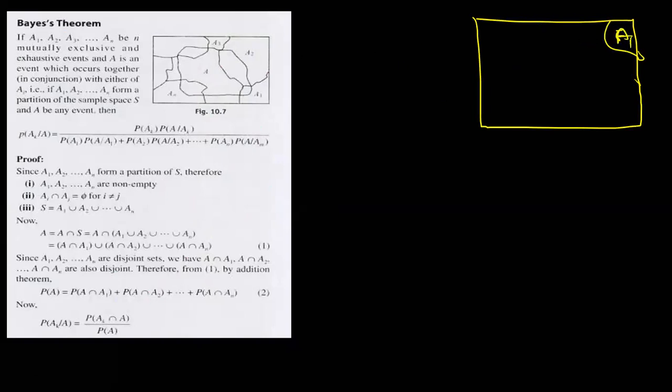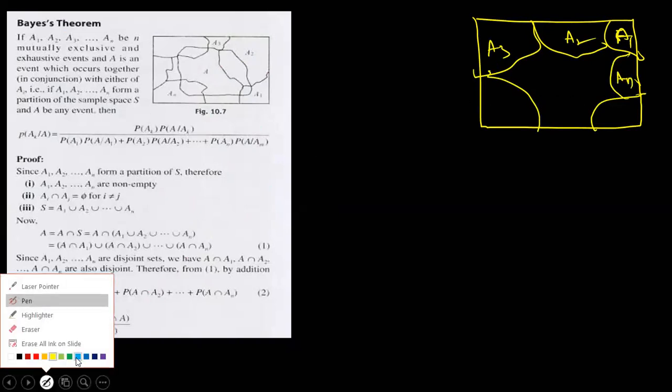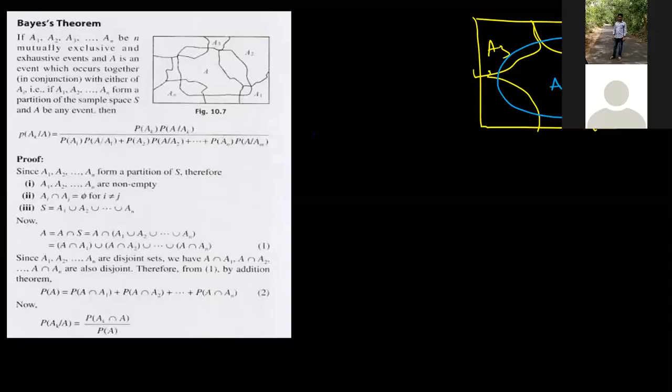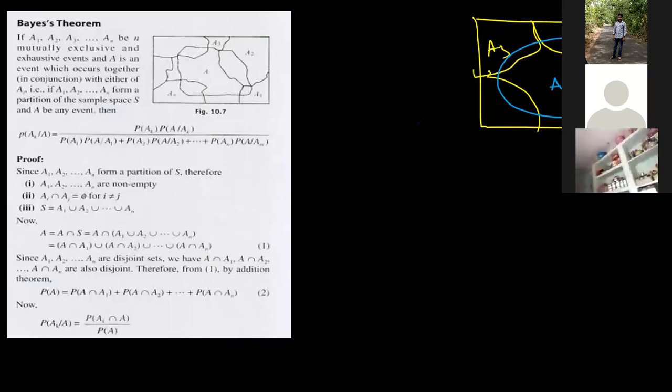I can take A1, A2, A3, divided into some partitions like that. How many are there? N. Clear. Now, one event is happening here with any one of the events, either E1 or E2 or E3, sorry, A1, A2 and so on up to AN. That's the meaning.